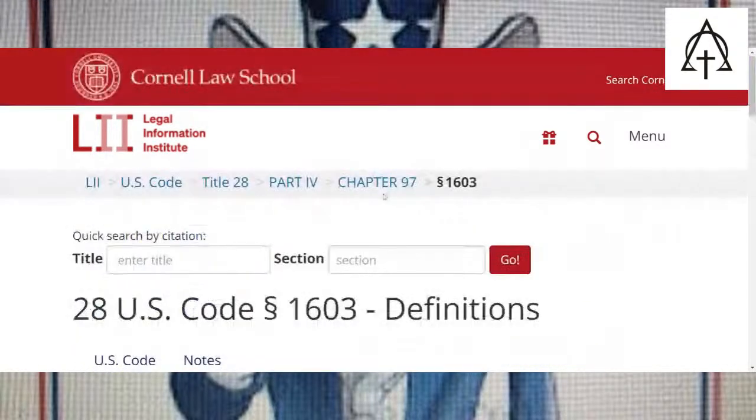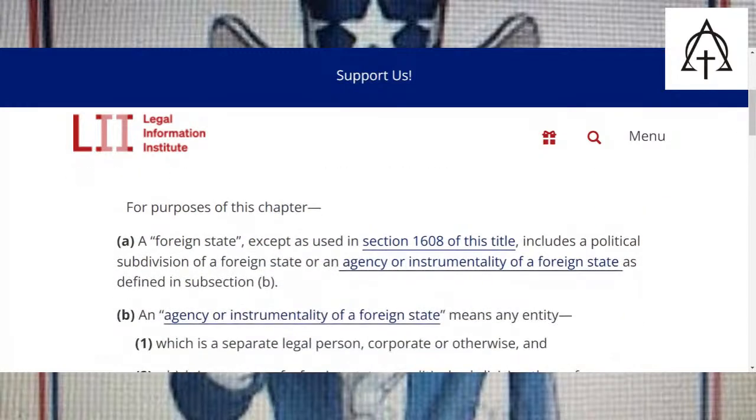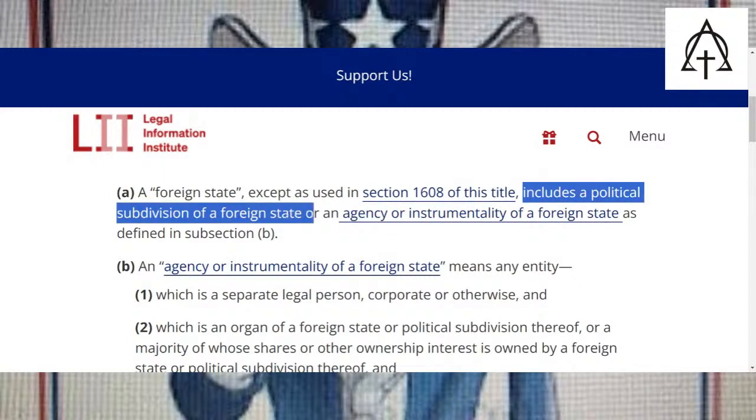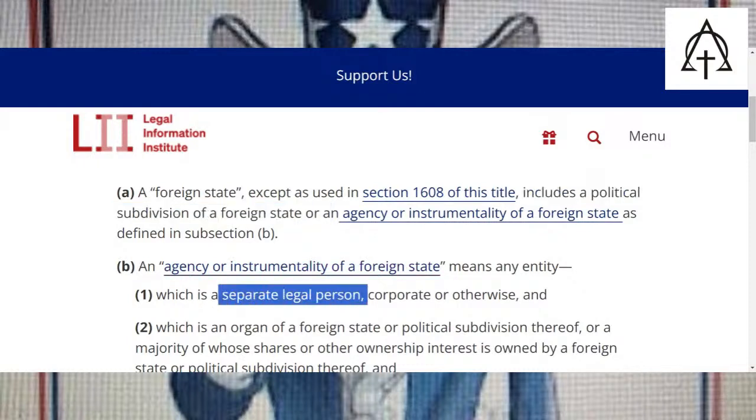Definitions. A foreign state, except as used in section 1608 of this title, includes a political subdivision of a foreign state or any agency or instrumentality of a foreign state, as defined in subsection B. An agency or instrumentality of a foreign state means any entity which is a separate legal person.